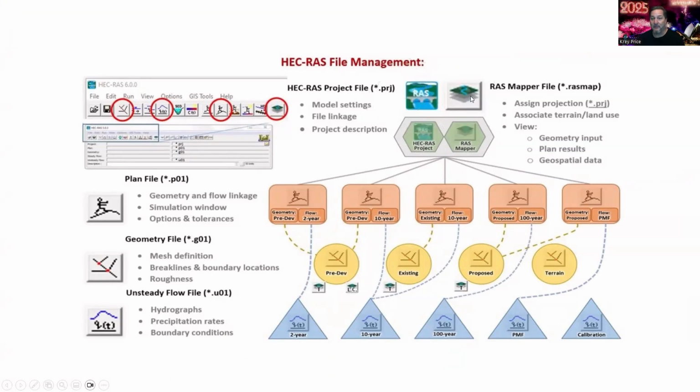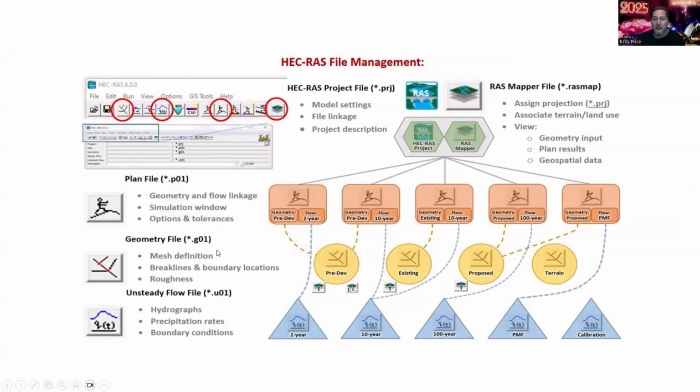So that's the RAS map file. We'll then link that to a geometry. That's the G01 file. Link it also to an unsteady flow file, the U01 file. And then we'll put those together and link them up in a plan, which is going to be the P01 for starters. And then all the other files that we add will get sequentially numbered up from there.